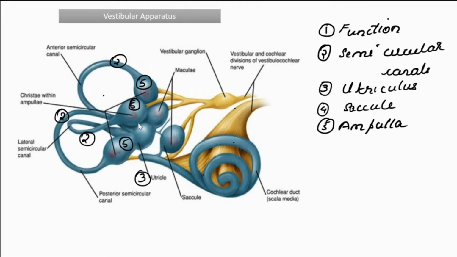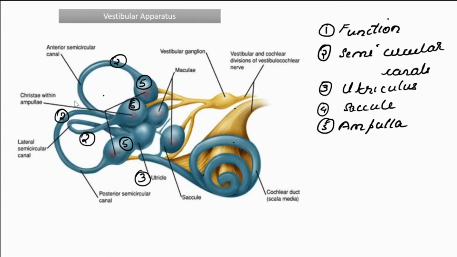In this picture, we can see the vestibular apparatus here and the cochlea, this one. Vestibular apparatus here, and this part is the cochlea. First, we need to understand the function of the vestibular apparatus.